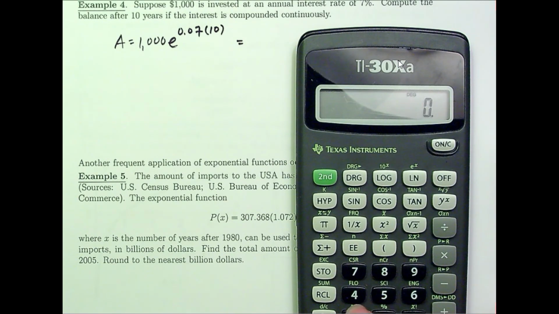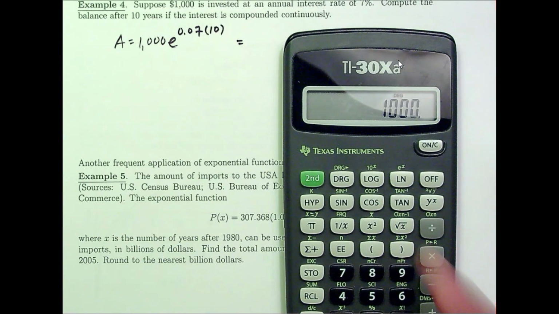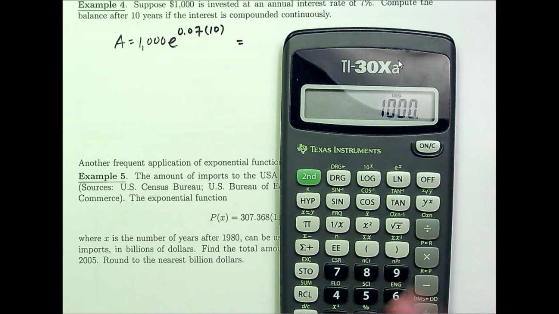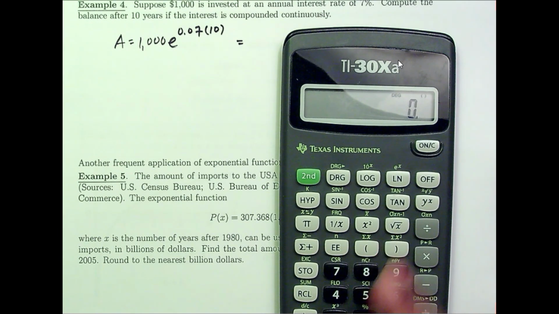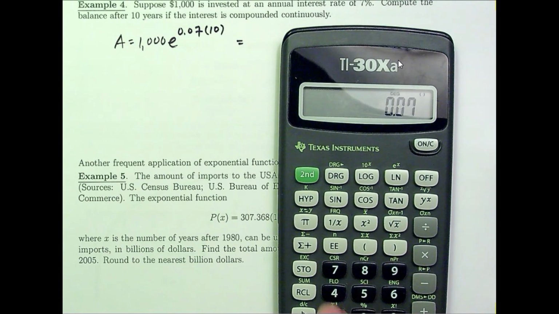So this is going to be 1,000 times, and I'm going to put the exponent first, and then hit it with the e. Remember, you have to put the exponents in parentheses in this calculator. So times parentheses 0.07 times 10.